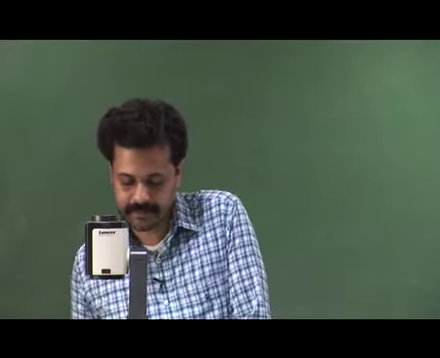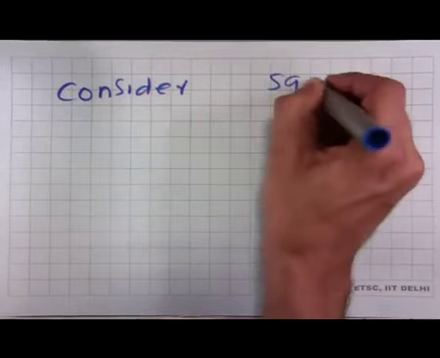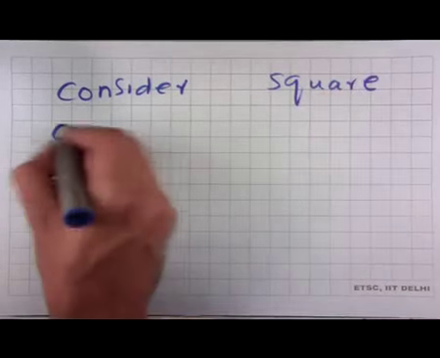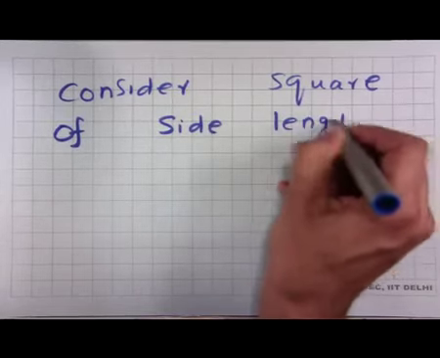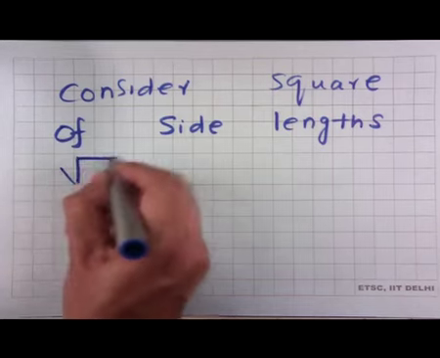Let us consider a square of side length root AB.